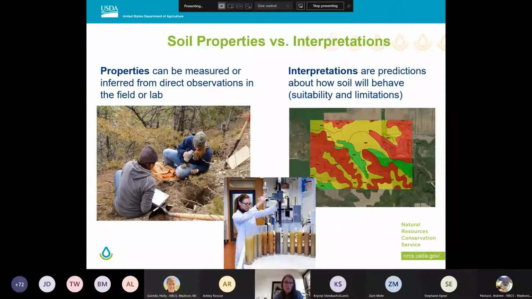Kristin will talk more about these properties, and then we have those interpretations. Basically, these are predictions about how the soil will behave, and they're typically assigned suitabilities and limitations. Andy will dive into this. Again, they're based on those soil properties, and they could be either an entire map unit or a map unit component, which Jeremy will talk about later.